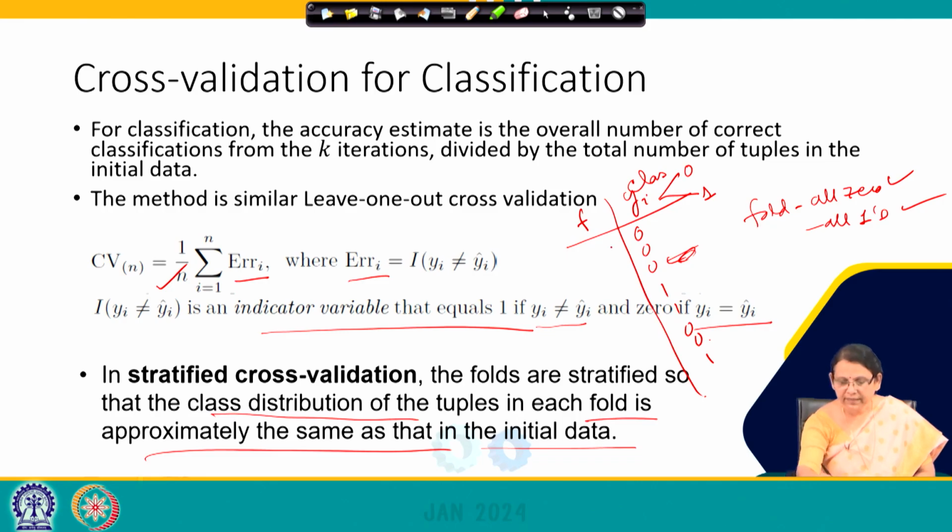You will be making this randomization in a manner so that if you are making a total of k folds, in each fold you have the same distribution of zeros.